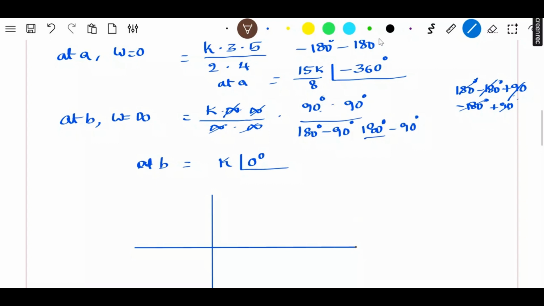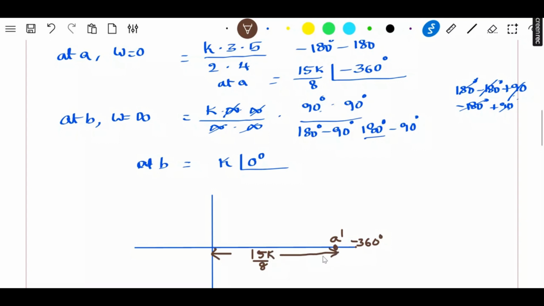So this is minus 360 angle. Let me take this as A dash, and the range from here to here is 15K by 8. So that is the magnitude we got at A.